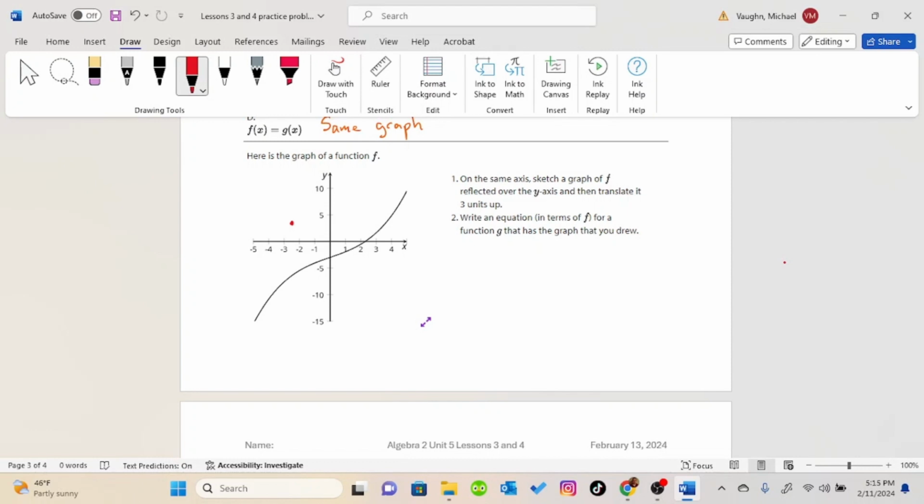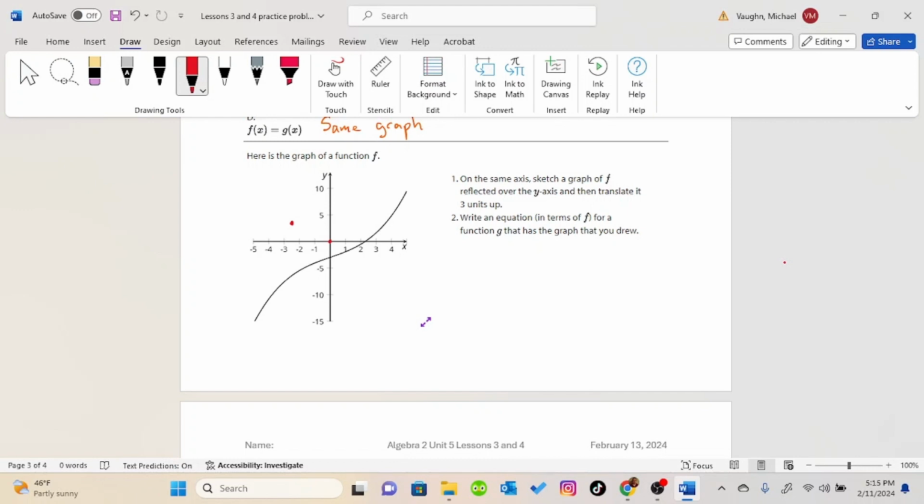Another good point would be the y-intercept. This looks to be at 0, 3. I'm going to move it up 3 to the origin. And now what I would have, if I could find one more point, let's say this point appears to be about -2, -5.